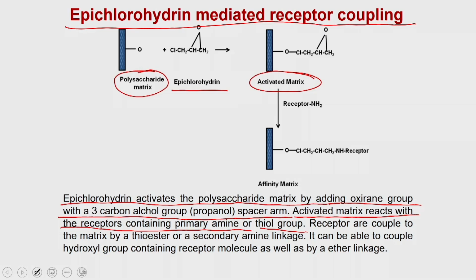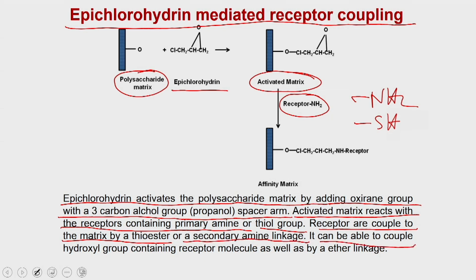So, apart from the NH2, you can also have the thiol groups which can also react with the activated matrix, and at the end the receptors are coupled to the matrix by a thioester or a secondary amine linkage. It can also couple hydroxyl group containing receptor molecules by an ether linkage.